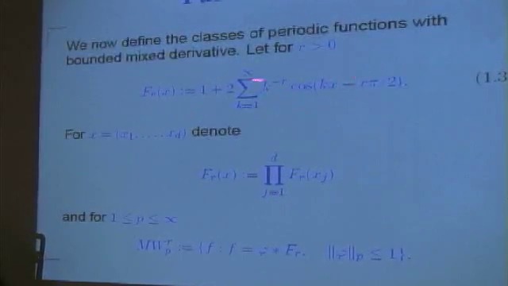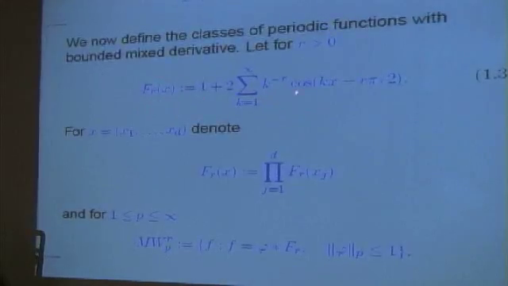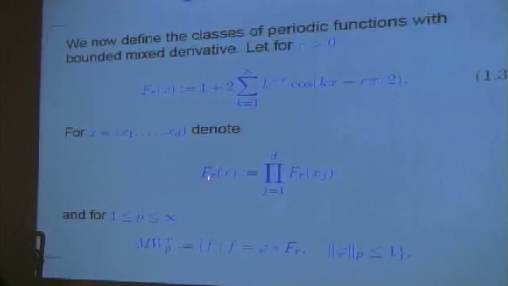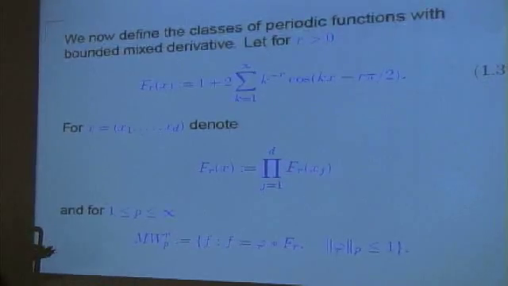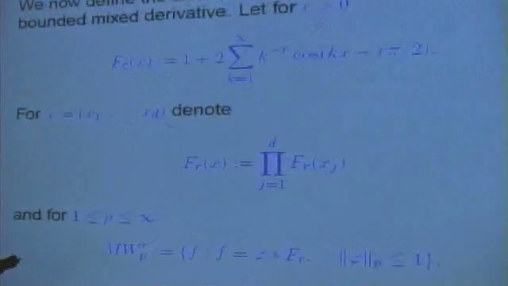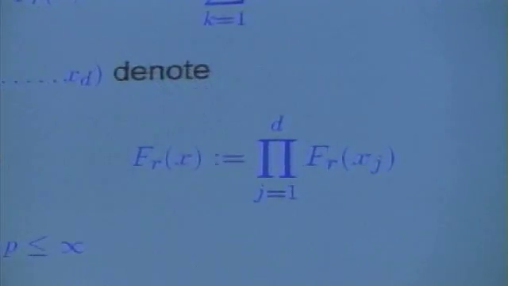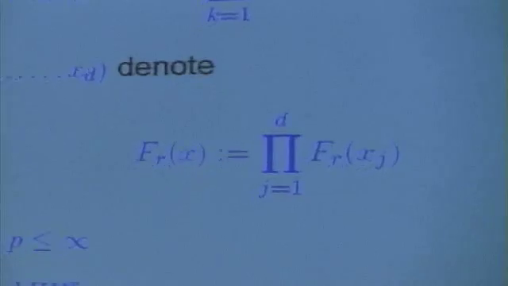We define the kernel, this function. This is a univariate function. Then we take a product. And when we take this product, this basically corresponds to taking something, in that case integration, with respect to each variable, one after another. And now we define the function class, and M stands here for mixed.